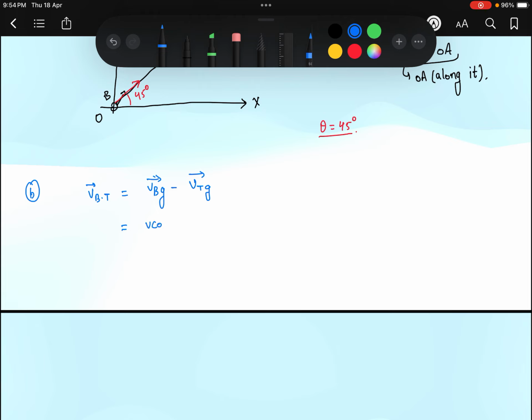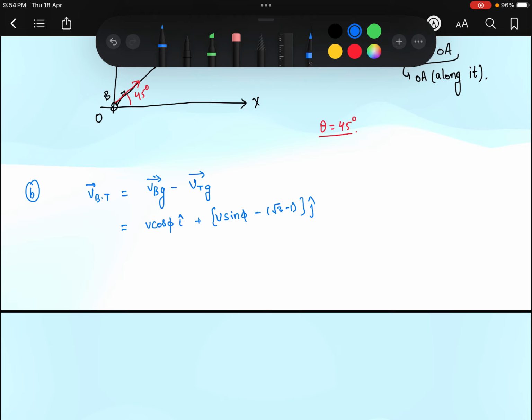v cos phi i cap plus v sin phi minus root 3 minus 1, and this complete is along j cap direction.